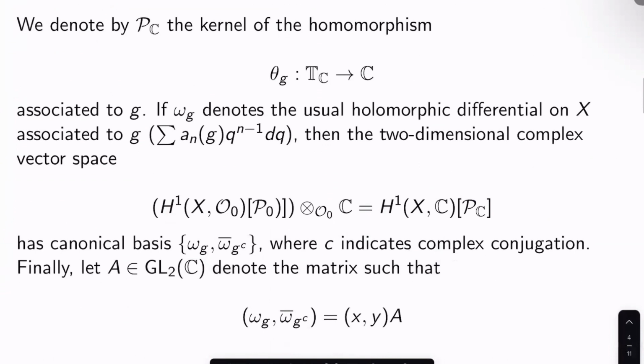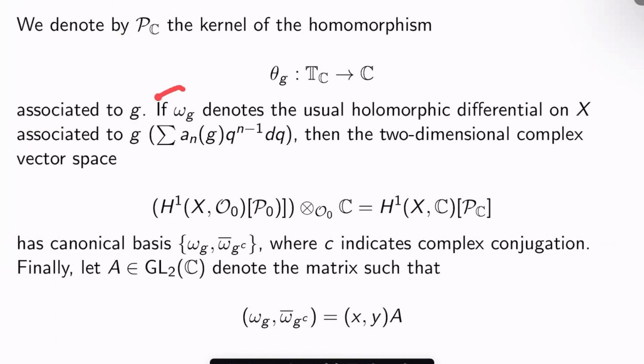We'll let P sub C denote the kernel of the homomorphism theta sub G from T sub C to C associated to G. That's just tensoring up to C and realizing that these eigenforms are associated to maps out of the corresponding Hecke algebra. You can see chapter 3 for more information about that if you forgot all that.